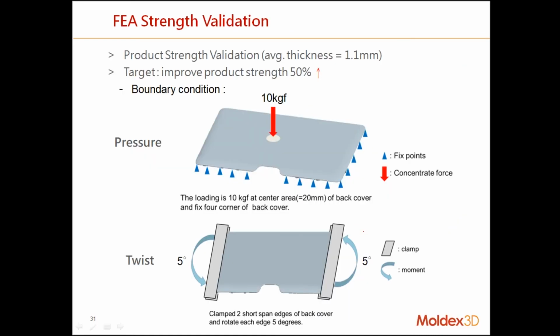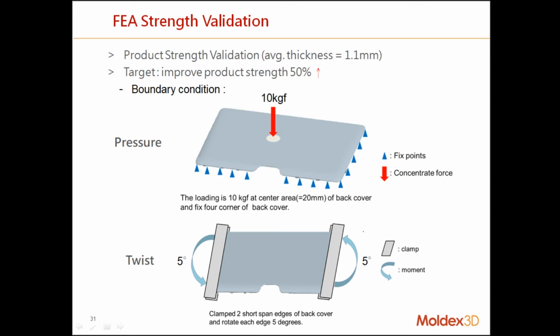Okay, so after having the fiber orientation result, the next step is that we output the fiber orientation to the FEA software by using the FEA interface. The FEA software they use here is ANSYS.